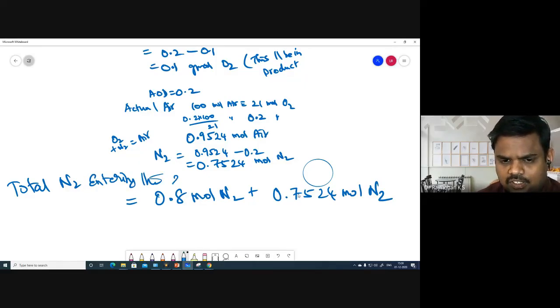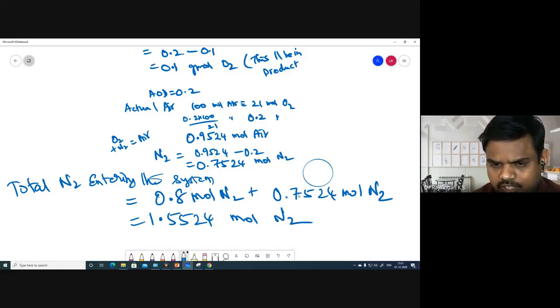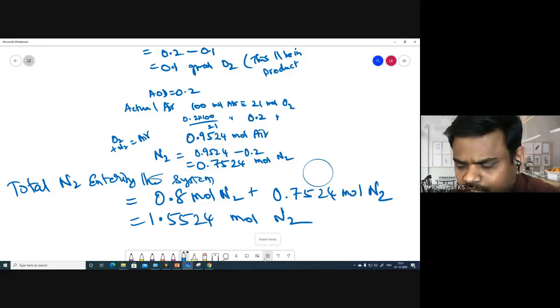Total nitrogen entering the system is nitrogen in the feed, that is reactant, plus nitrogen in the air. So that is, we can say 0.8 plus 0.7524 equal to 1.5524 moles of nitrogen, and this nitrogen is going to be present in the product.